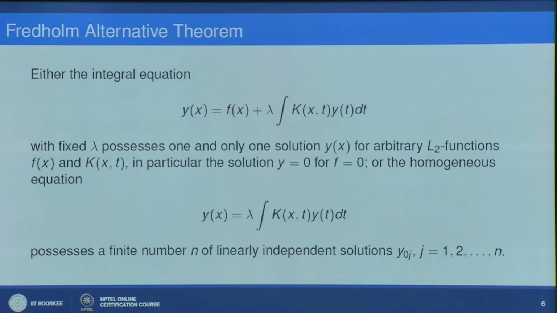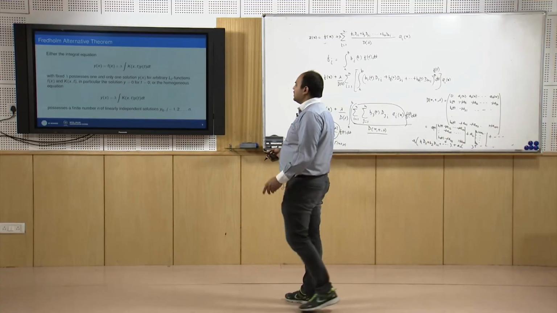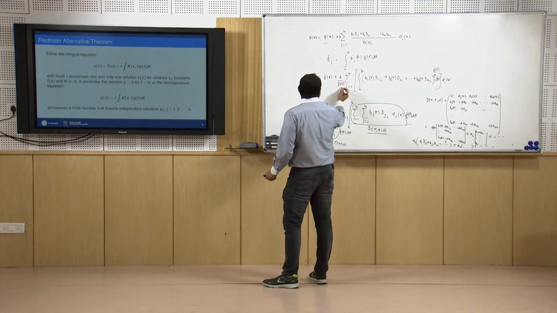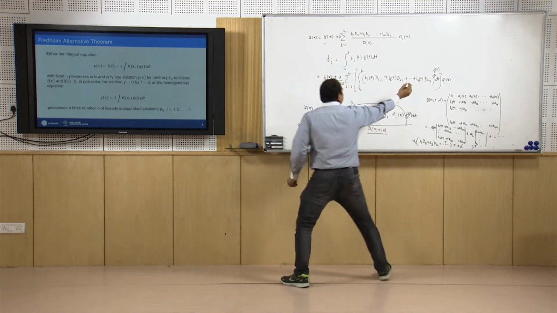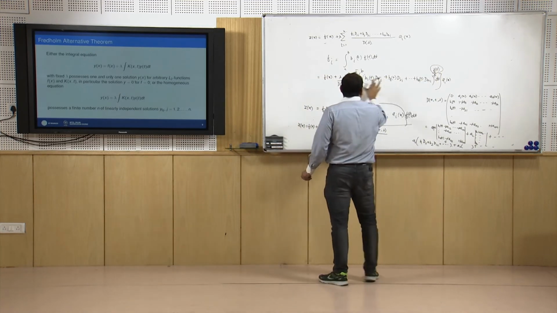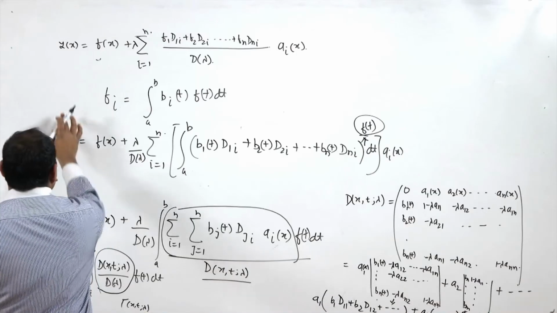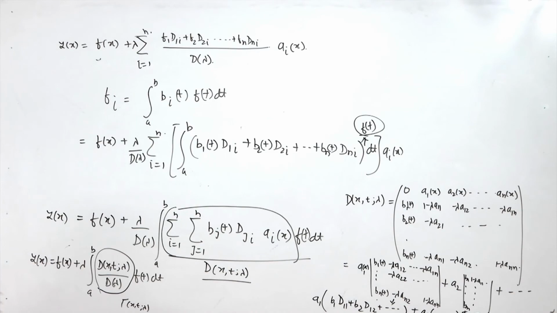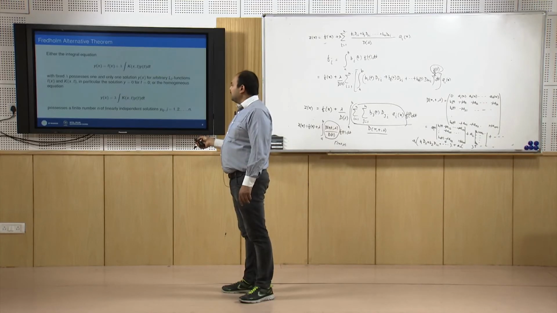So when D(λ) is non-zero and f is 0, it means that the c_i's are all 0 and you can write your solution as y = 0. So we can say that either this will have a unique solution, one and only one solution, or the homogeneous part will have only the trivial solution.